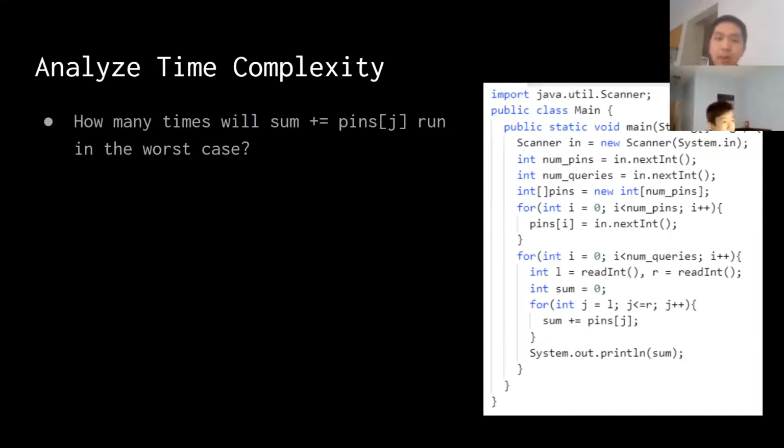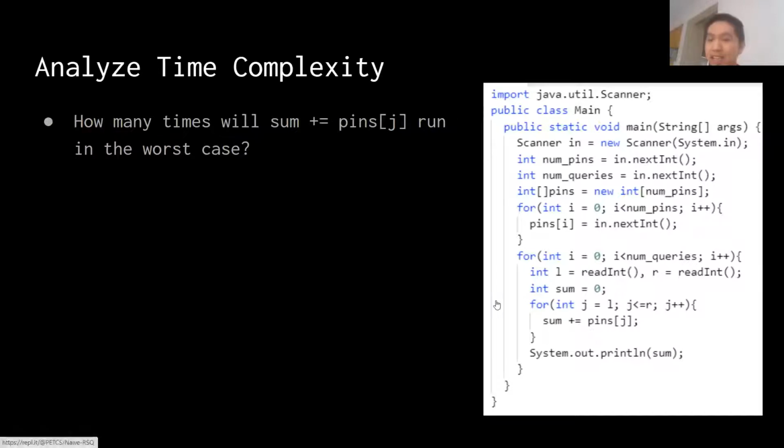Think about how many times sum plus equals, or basically just increment sum by pins at j, would run in the worst case. Think about what happens in the worst case scenario.